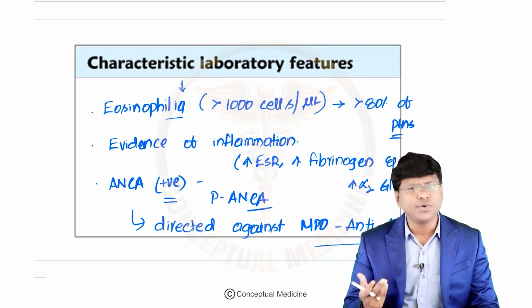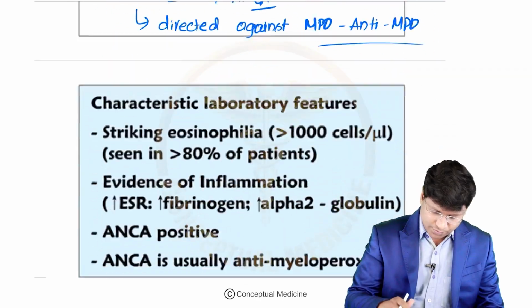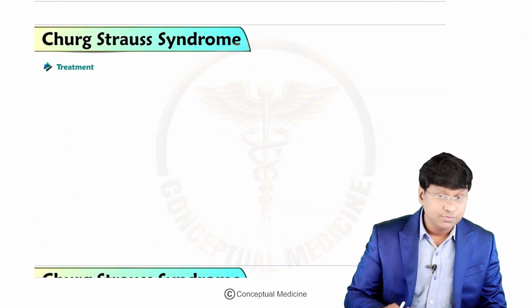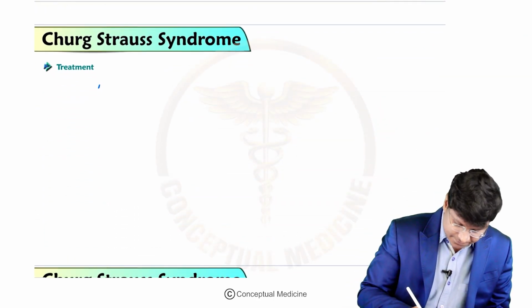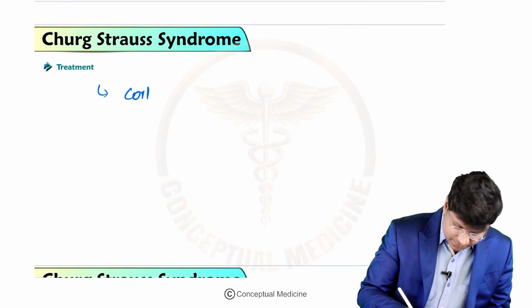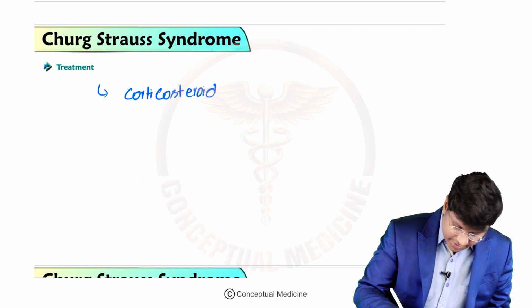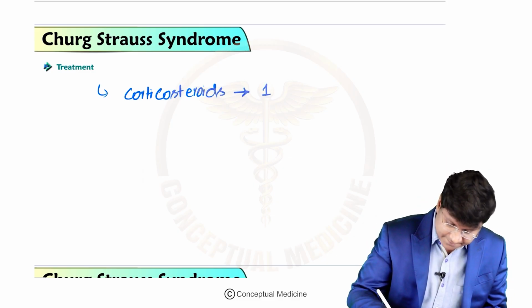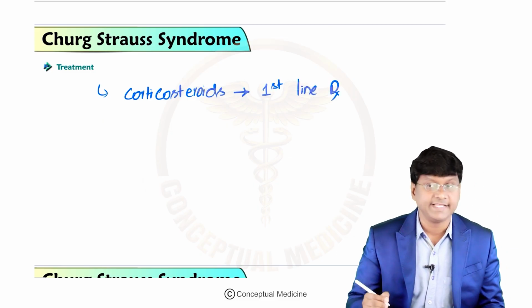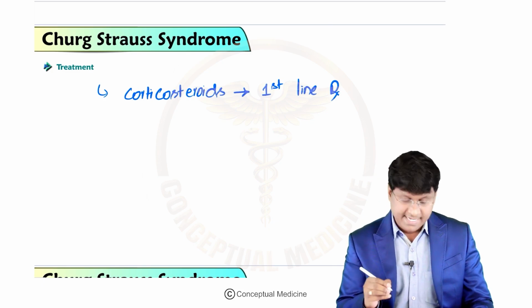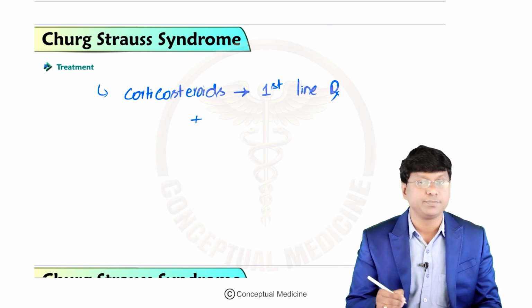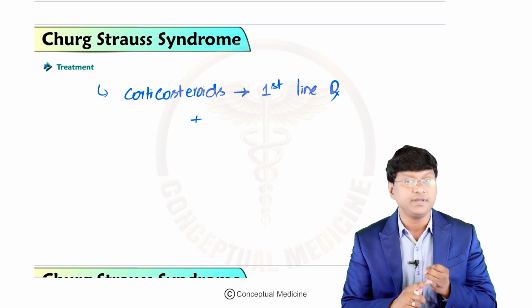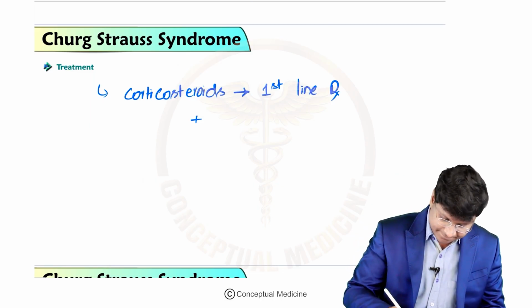And how do you treat these patients? Corticosteroids remain the first line treatment. And these corticosteroids should be combined with azathioprine and methotrexate.